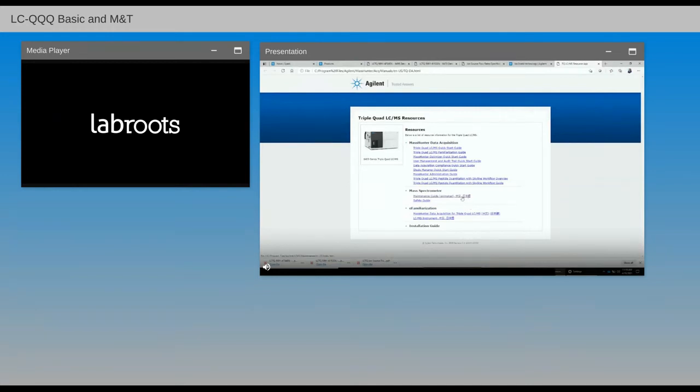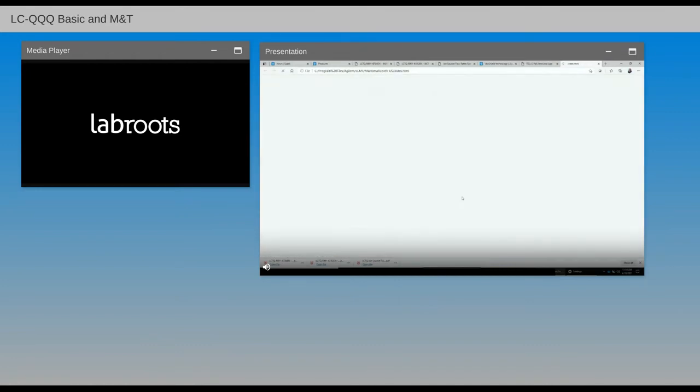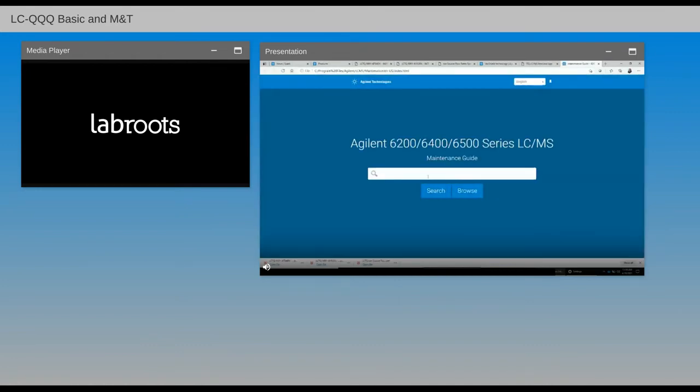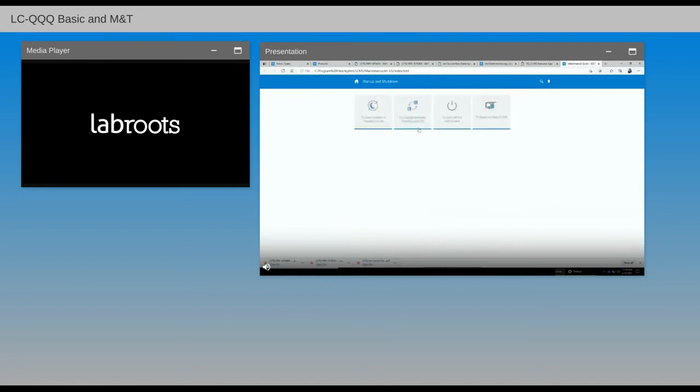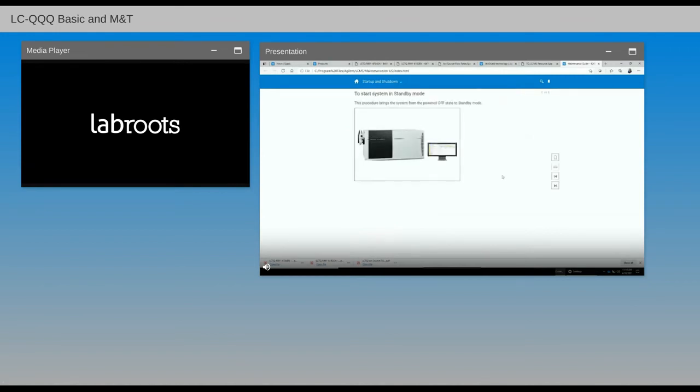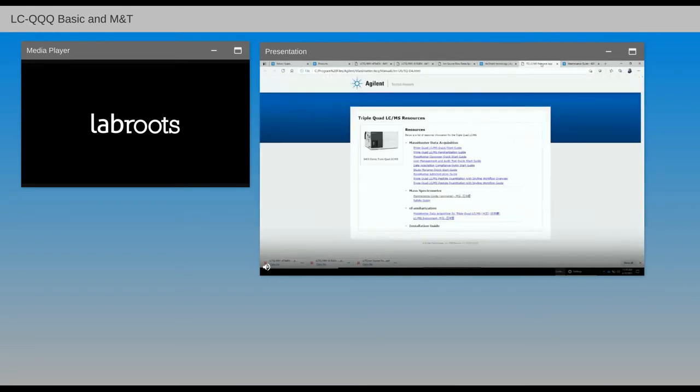So right now I'm going to take a very short look at the maintenance guide, and you can see that once I click on browse, there is an overview. You get some info regarding the startup and shutdown, which is really important these days.